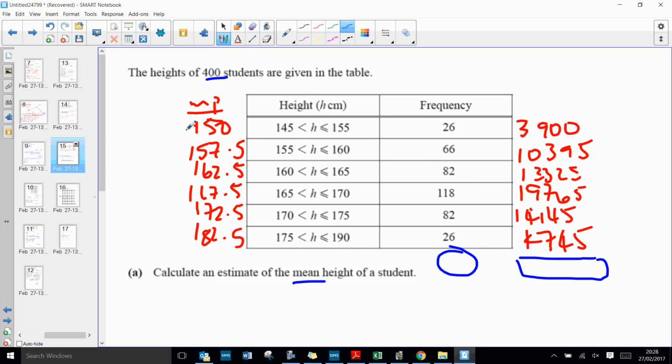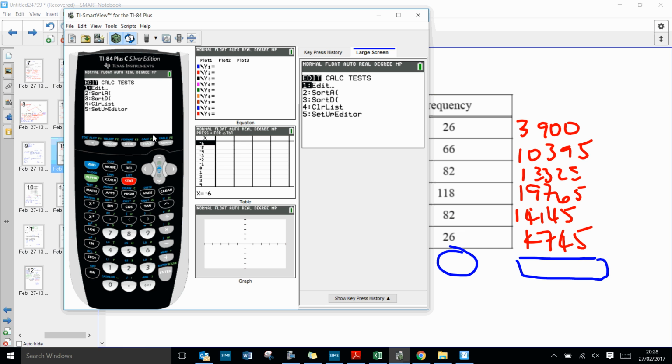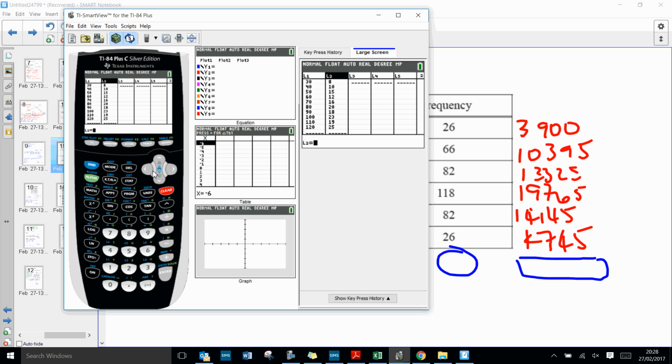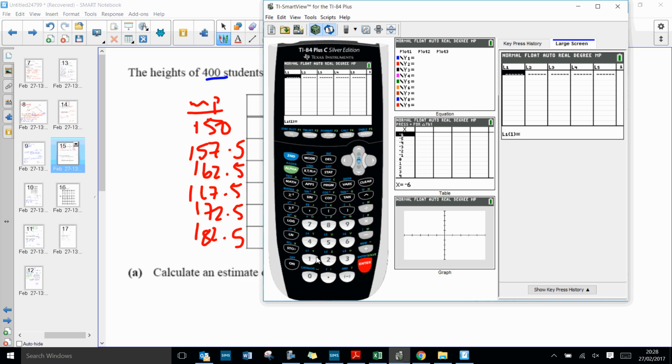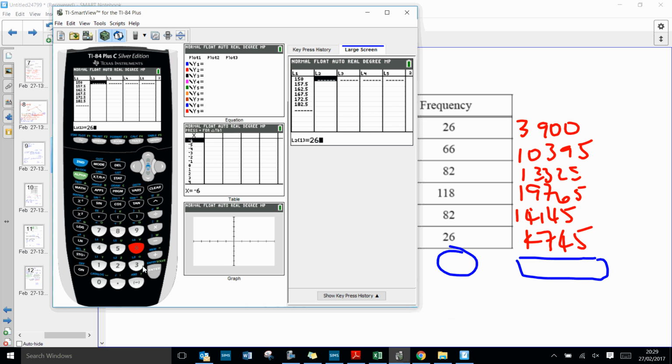Now, because we have our calculator, we would edit, we would stick our 150... and then we would stick our frequency values in, so 20, 66, 82, 118, 82, and 26.